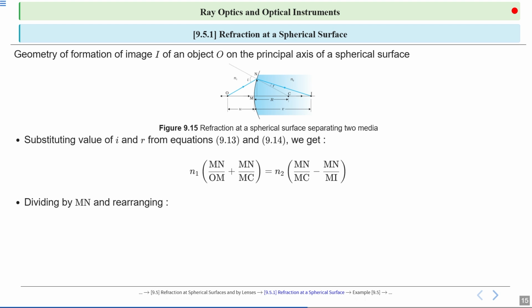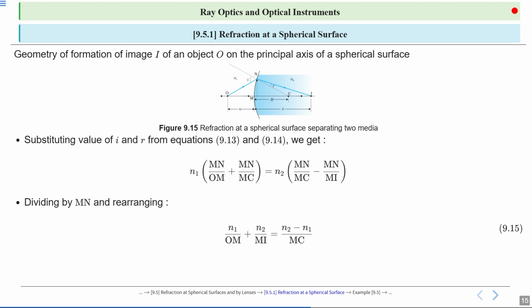Firstly, we will simplify it. So dividing by Mn and rearranging, because Mn is in the numerator of all the terms. So we'll divide the whole term on both sides with Mn. So Mn will be cancelled out. So N1 upon Om plus N1 upon MC equal to N2 upon MC minus N2 upon Mi.